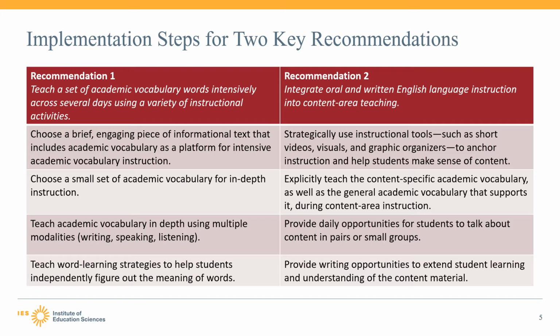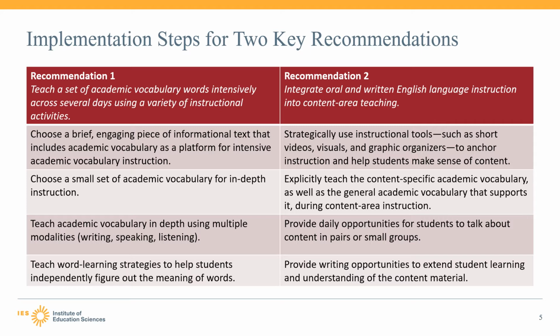The first implementation step for recommendation 2, which again is about integrating oral and written language instruction into content area teaching, talks about strategically using instructional tools like videos, visuals, and graphic organizers to anchor instruction and help students make sense of content, explicitly teaching the content-specific academic vocabulary as well as general academic vocabulary that supports it during content area instruction.